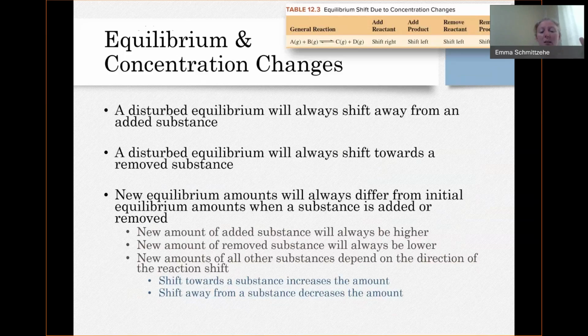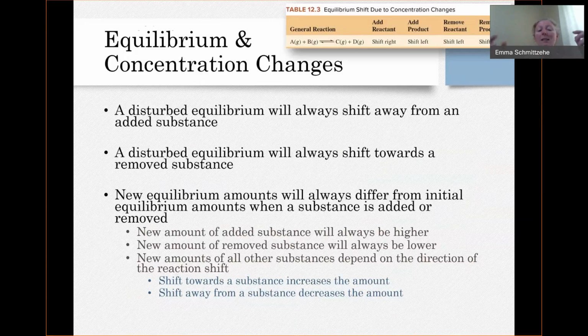So if you add something, that substance is always going to be higher. Now, when you add it, the reaction shifts away from it, so you added some, and right after you add some, it's going to decrease a little, but it will never decrease back down to before you added that. Okay. So anything added is always going to end up at a higher amount than what you started with.